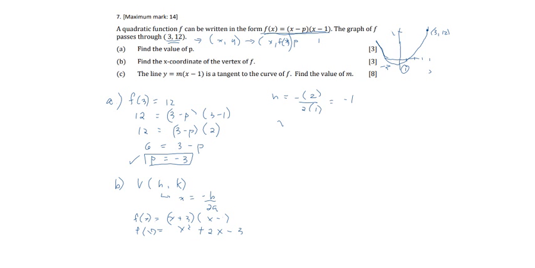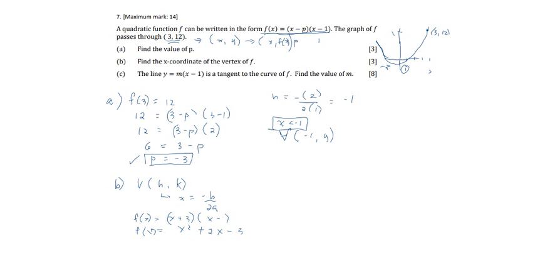So the x coordinate of the vertex is negative 1. We can also write this as vertex (negative 1, y). Since we're not looking for y yet, we're just after this one. So the answer is negative 1.